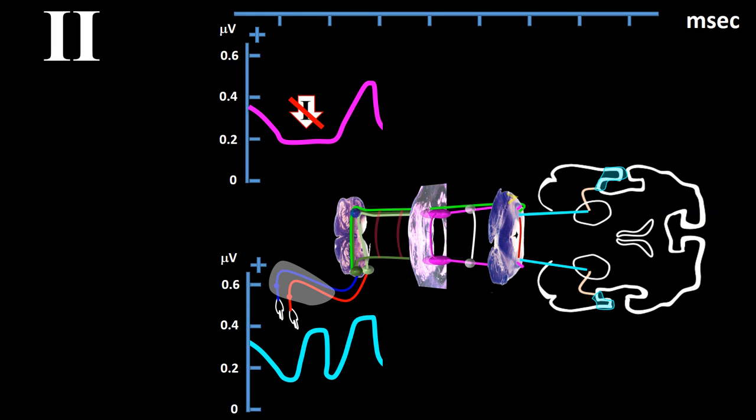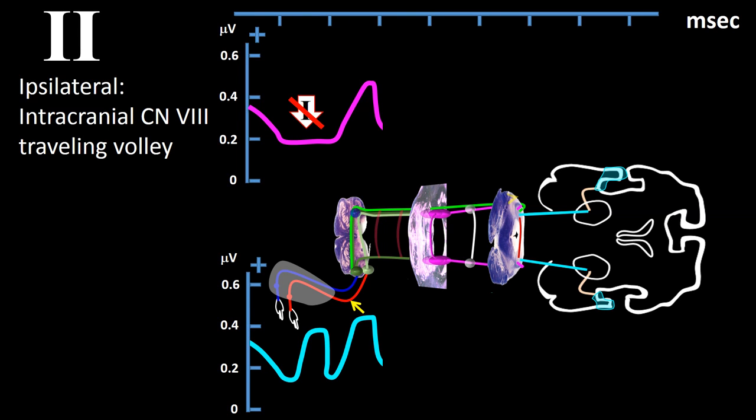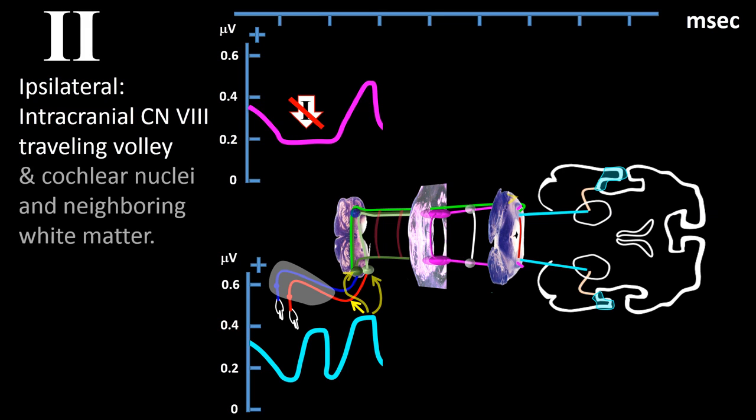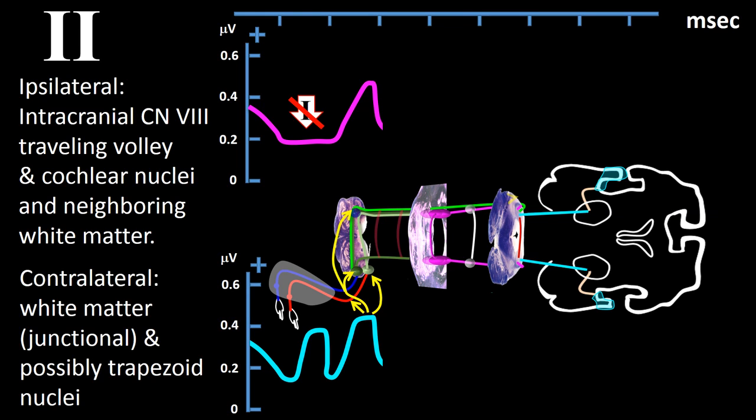Wave 2 is generated by different structures, ipsilaterally and contralaterally. Ipsilateral wave 2 is generated by the intracranial portion of cranial nerve 8, the ipsilateral cochlear nuclei, and by fibers traveling to the trapezoid body.